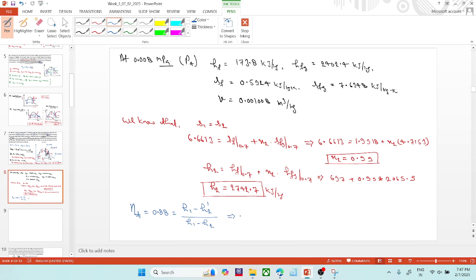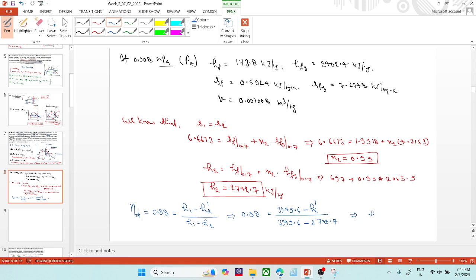So we will put the values here. 0.88 is equal to 3349.6 minus H2 dash divided by 3349.6 minus 2742.7.